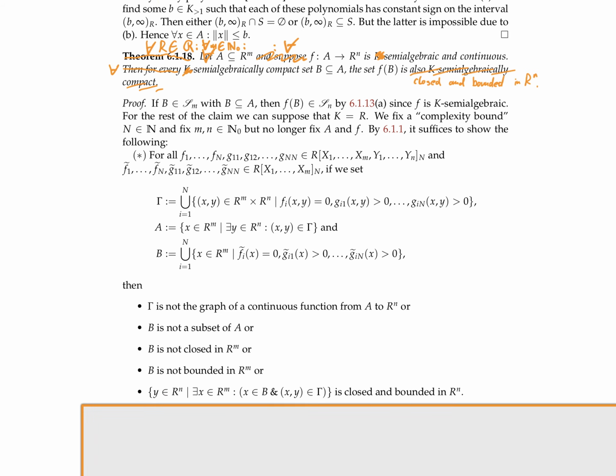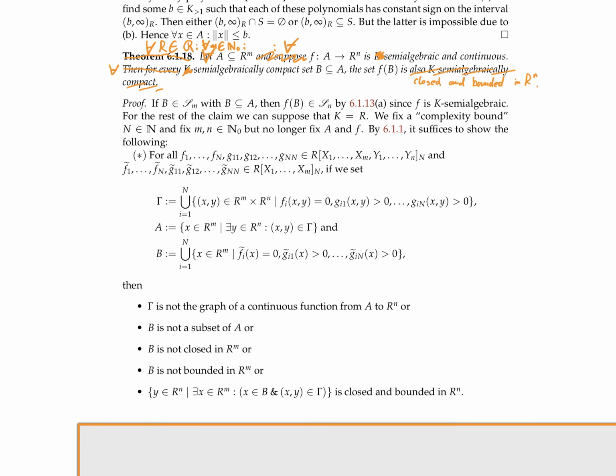Or finally, now I have just to express that f of B is closed and bounded, right? And f of B, of course, you can write in this way with these m existential quantifiers here and so on.